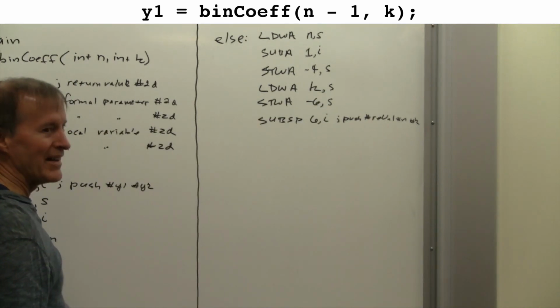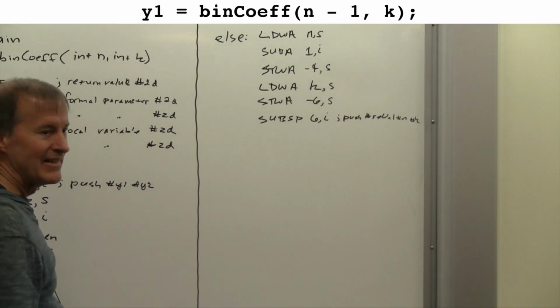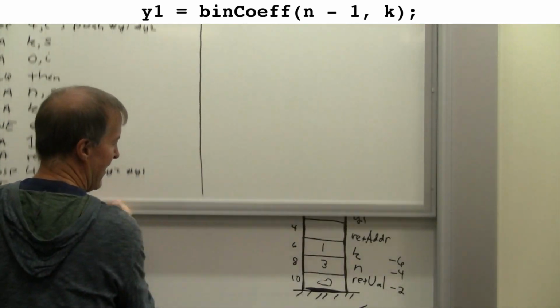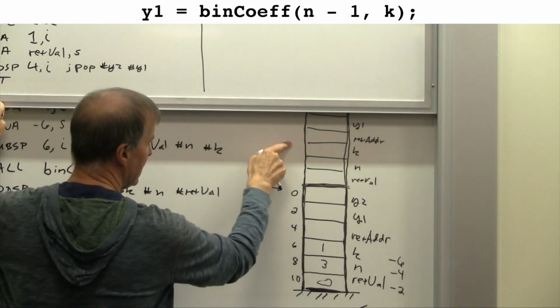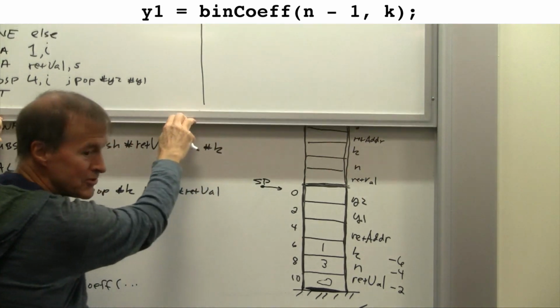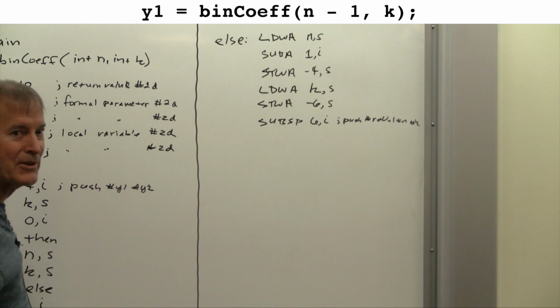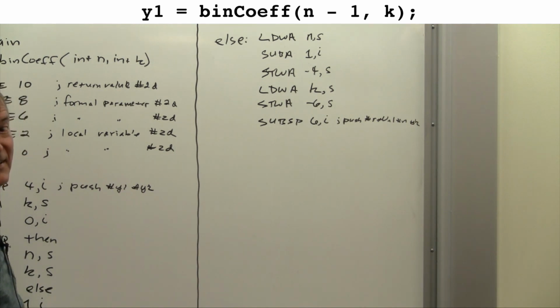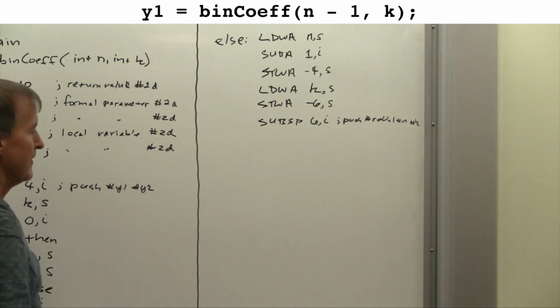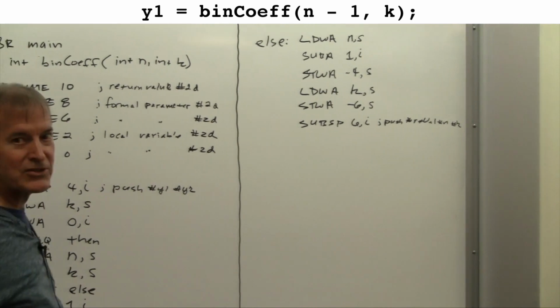And now what? We did boom, boom, boom here, and so now this is a recursive call. Not branch, we're calling a function recursively.